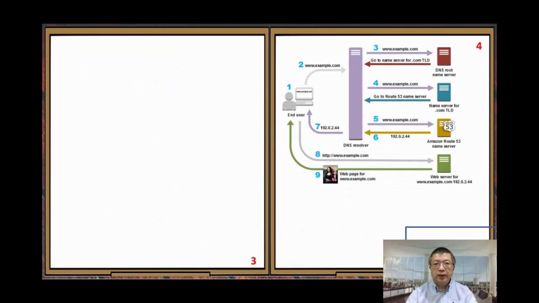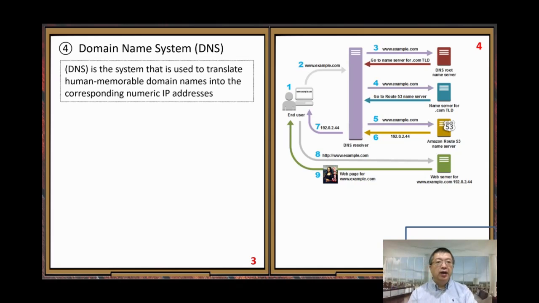In this one, let us understand the domain name system. First, let's look at the definition. DNS is the system that is used to translate, mapping.